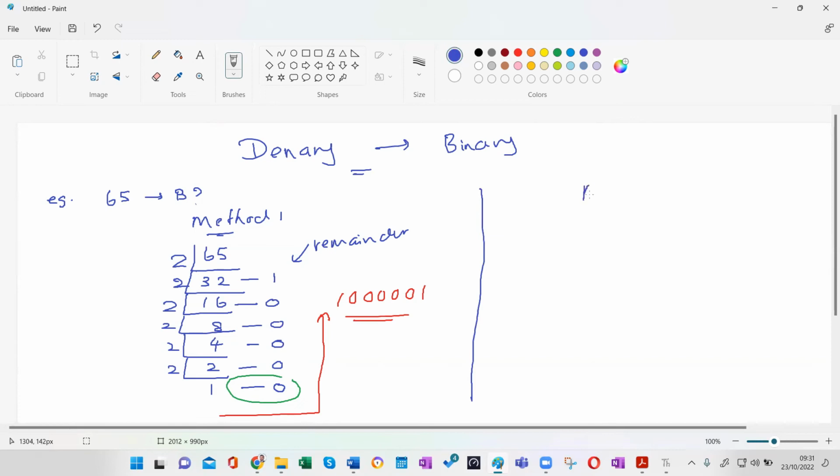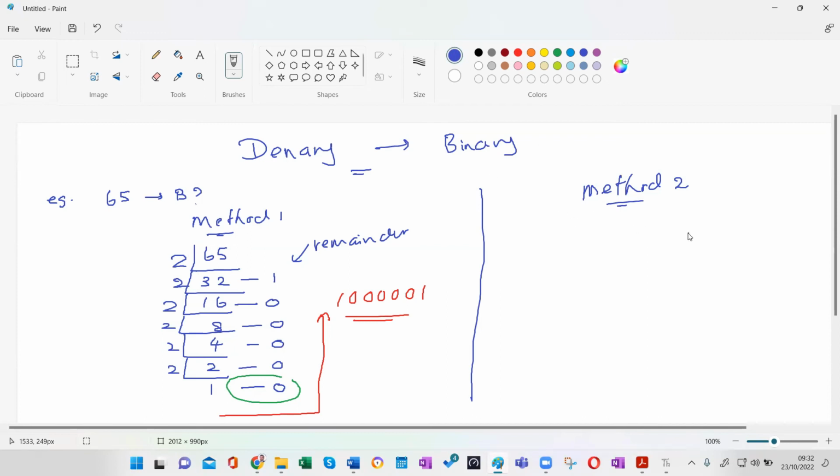Now method 2 is the easy method, but I would suggest that you do a couple of questions from method 1 and then move to this one. In the exam, of course, you can use method 2, but if they ask you to show how you did it, then use method 1. So for method 2, it's pretty easy.